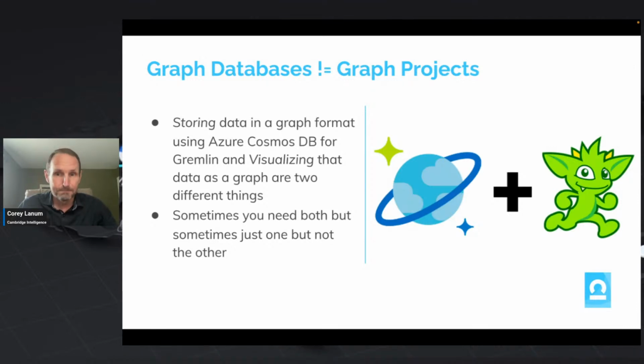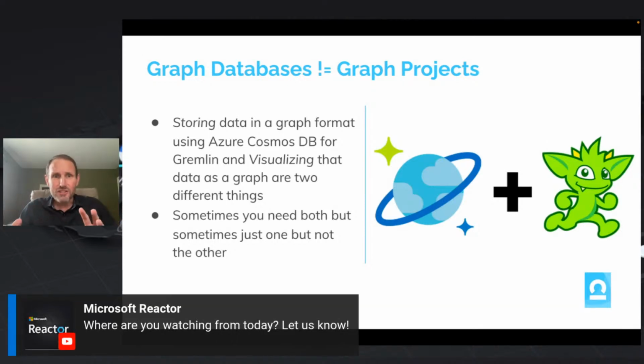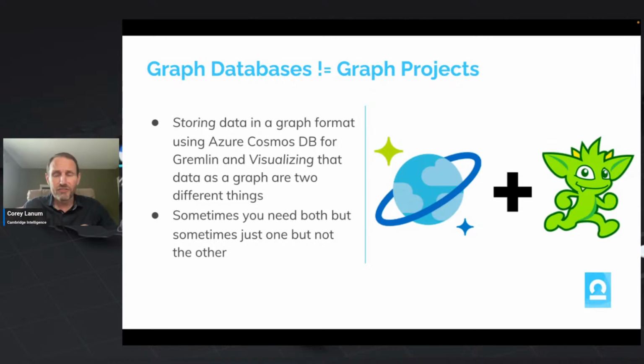The first thing I want to mention is that the distinction between a graph database and a graph project is a little bit blurry, and they aren't really the same thing. You can definitely have applications where I want to show something as a graph, with nodes and links, and allow a user to think about the data and work with it that way, but not have a graph database on the back end.